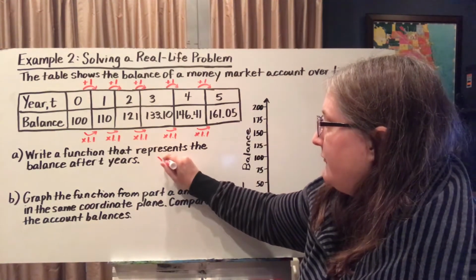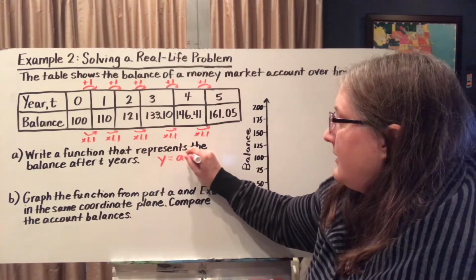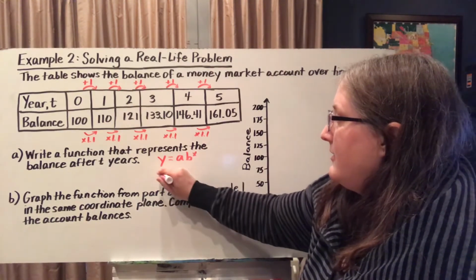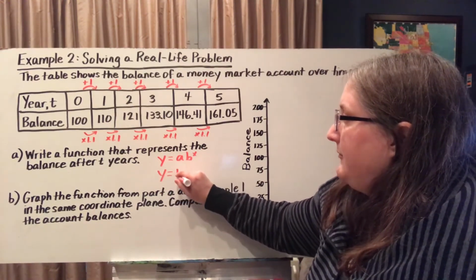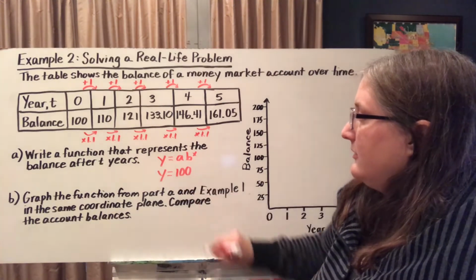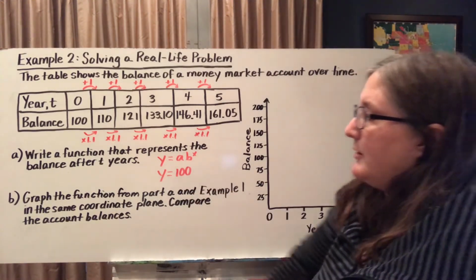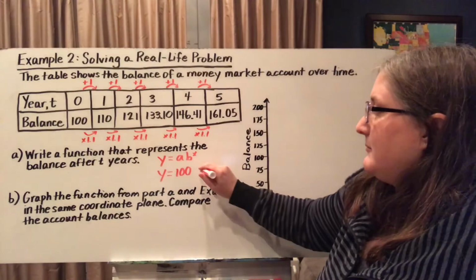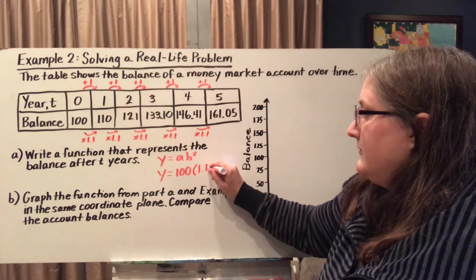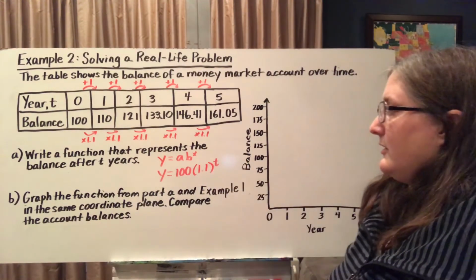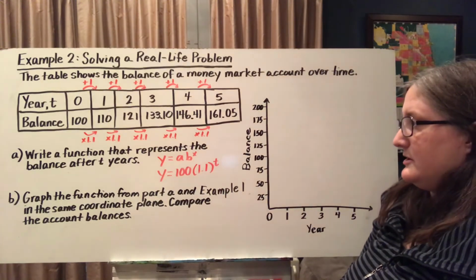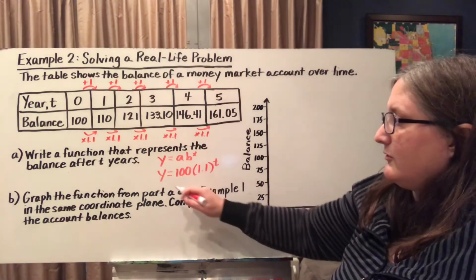I can do something in the form y equals a times b to the x power. A is my y-intercept, which is 100. I'm starting with $100. B represents what my y's are increasing by, 1.1, to the t power. T is going to be our time in years. So we can use this equation.